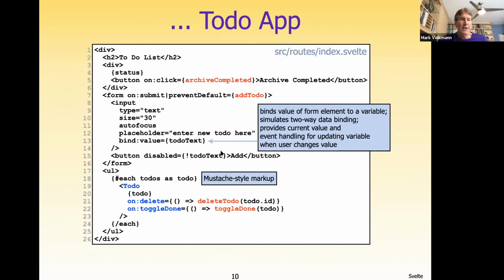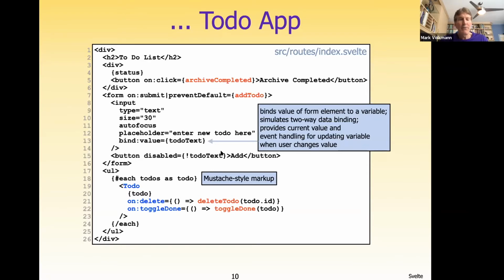And remember, I said I need to pass a prop to the to-do component, which is called to-do. So line 20 is an example of a shorthand method of passing a prop. I could say to-do equals curly brace to-do curly brace, but when the name of the variable and the name of the prop are the same, Svelte lets you make it more compact like that.